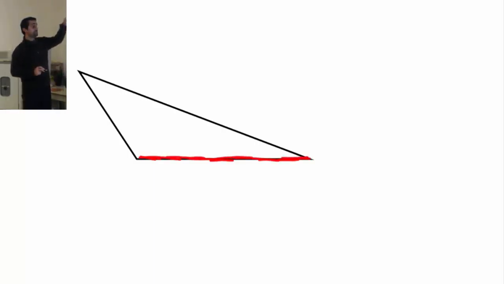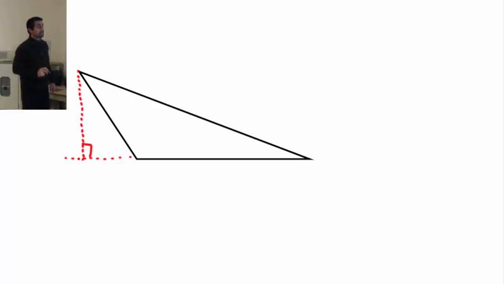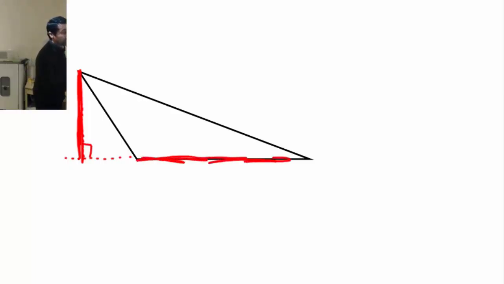That comes with a 90 degree. You're going to see dotted lines, and from the point where the lines meet, a straight line with 90 degree. That's how high the triangle is. The height is outside of the triangle, but that's the height for this base.